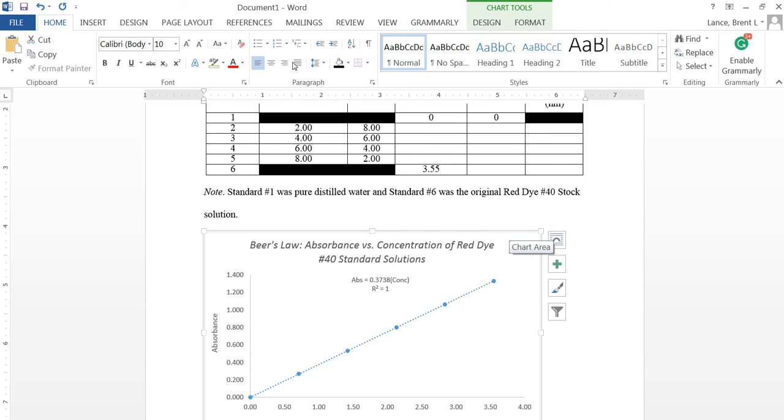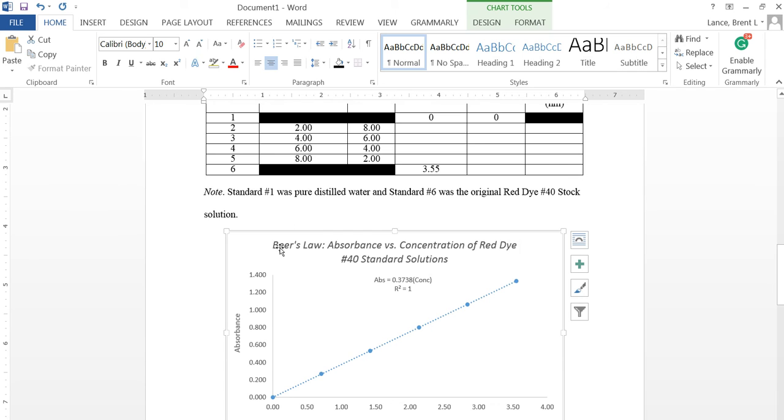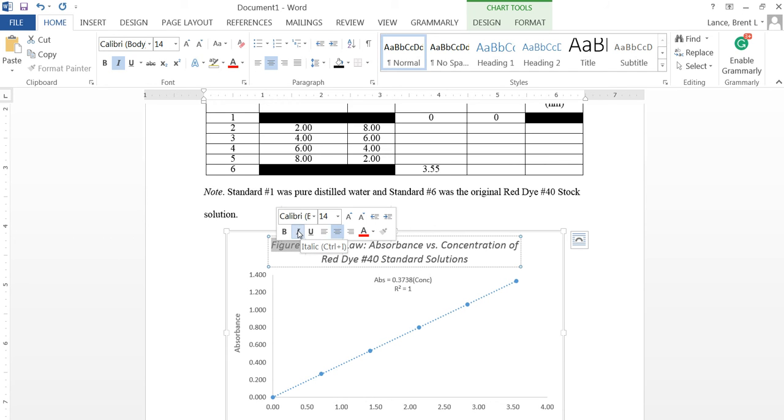Then I would probably center that up. Inside where you've named the chart title, a lot of times I will put "Figure 1." like that, and then I will take the "Figure 1" part and make sure it's italic. See that?